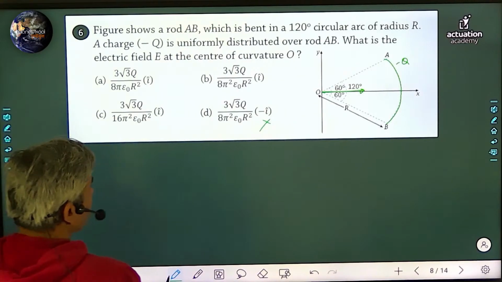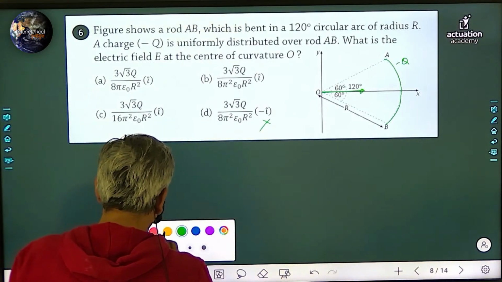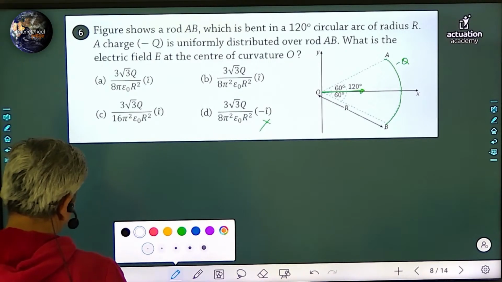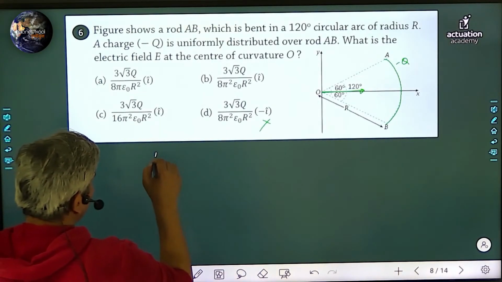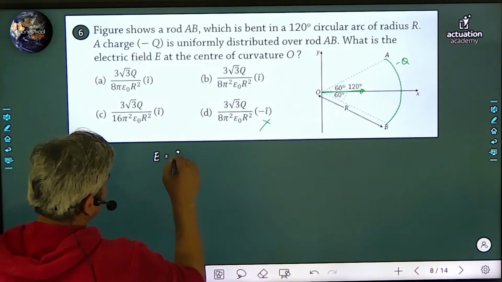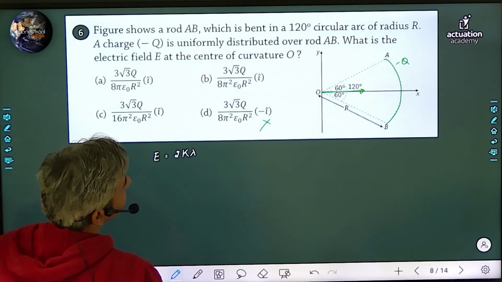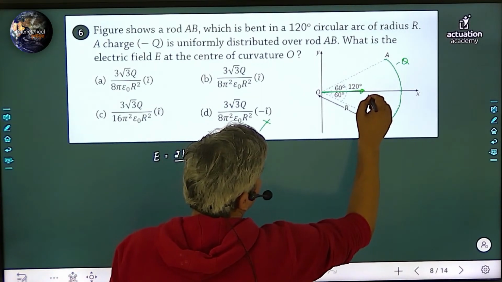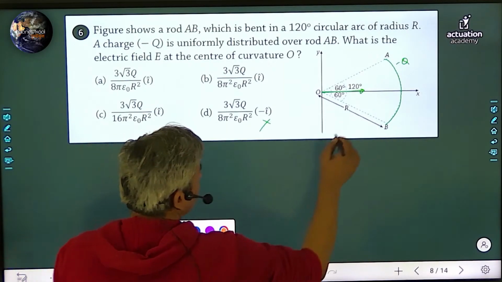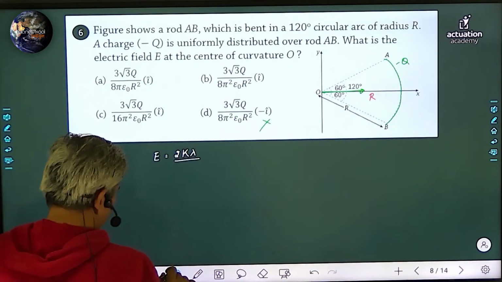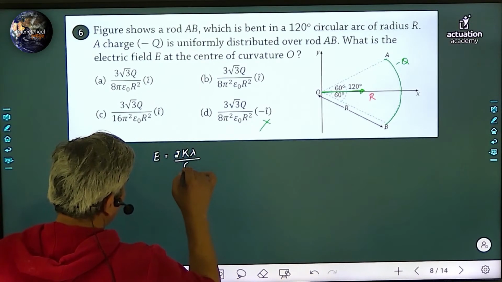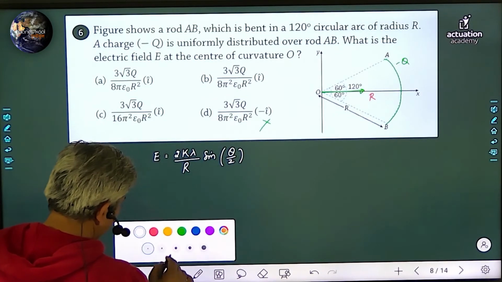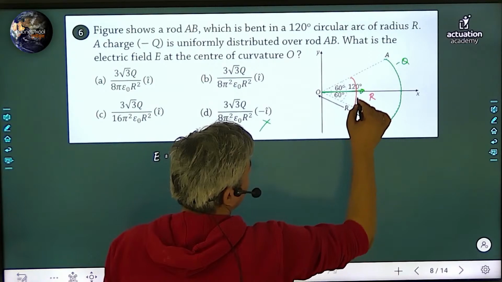Now we know for a circular arc, the field can be written as E is equal to 2k lambda by R sine theta by 2, where R is this radius and theta is this complete angle subtended by the arc.